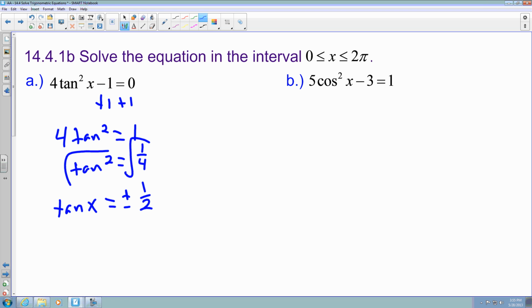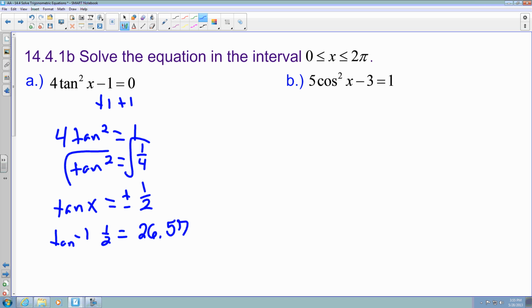So from here, if I look at my tangent values, 1/2 is not one of its special values. That means I must take the inverse tangent of 1/2, and that ends up equaling something like 26.57 degrees.